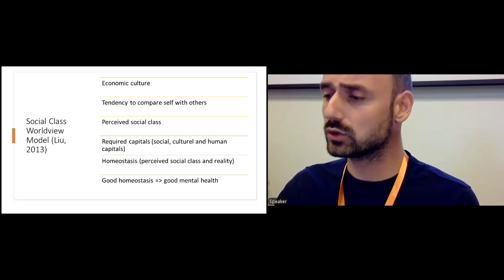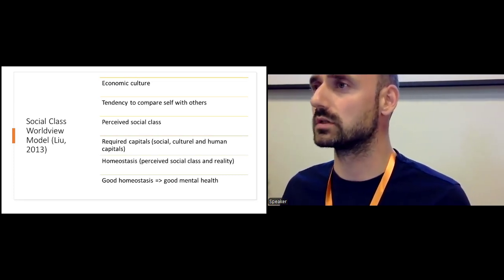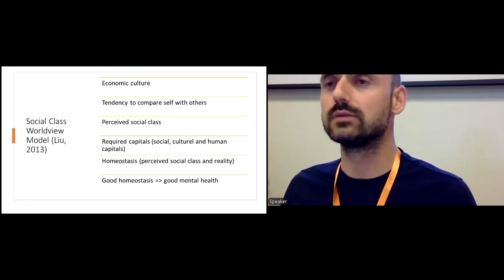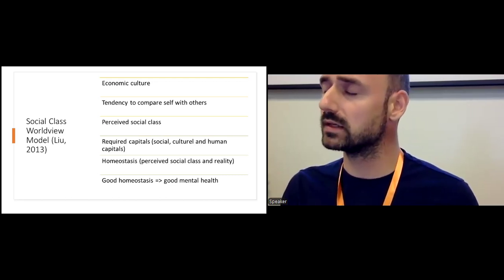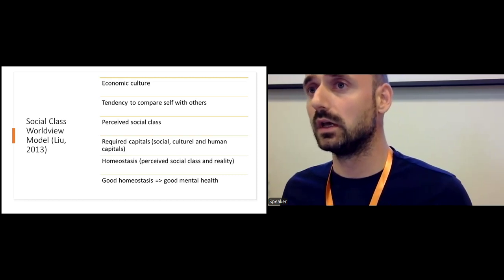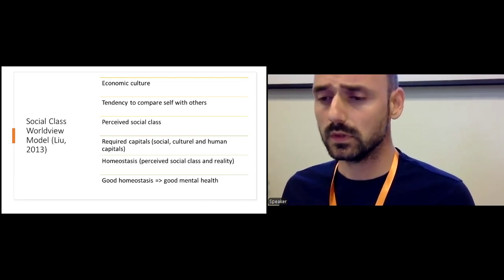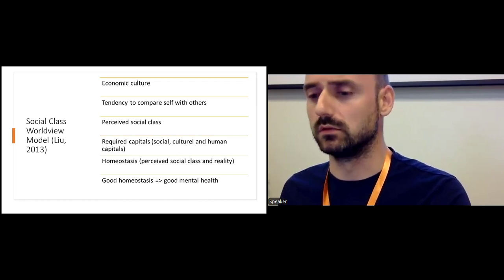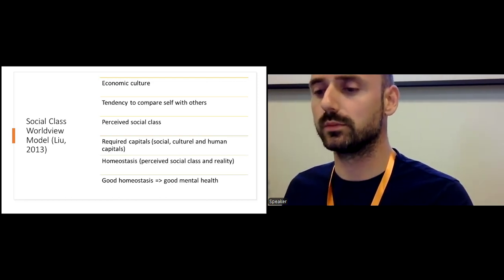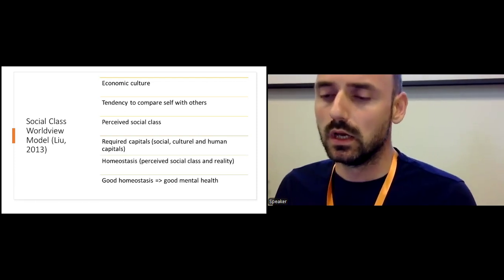We have a social class in our perceptions. Everybody has a perceived social class in their minds, and there's perception and there is reality. People try to accumulate different kinds of capital, like social capital, cultural capital, and human capital.